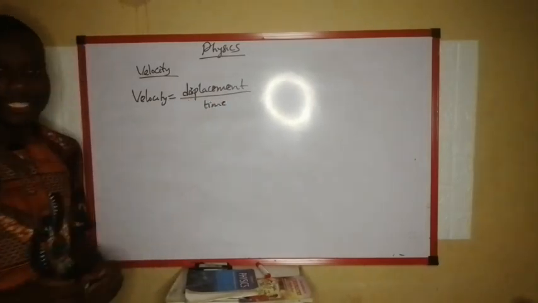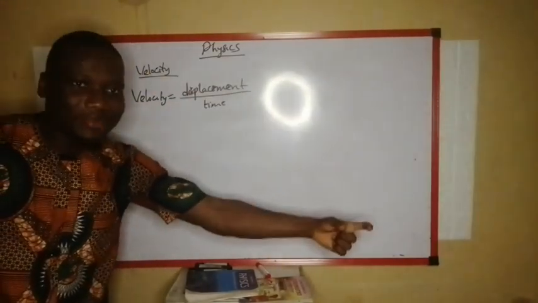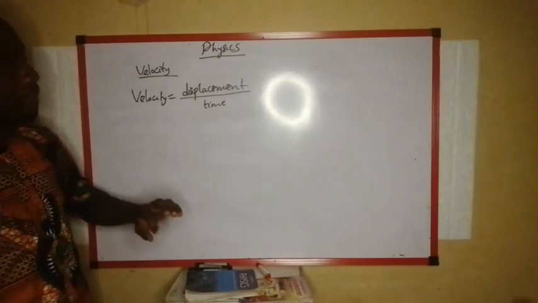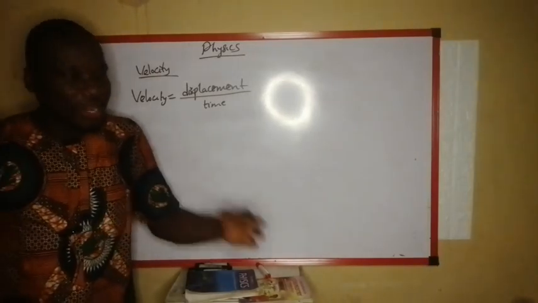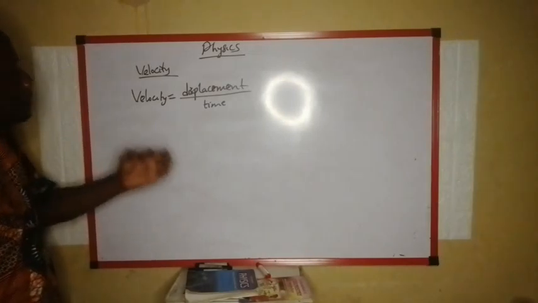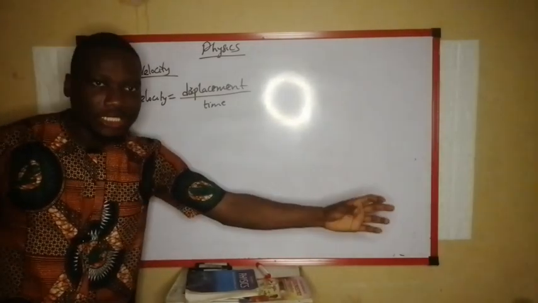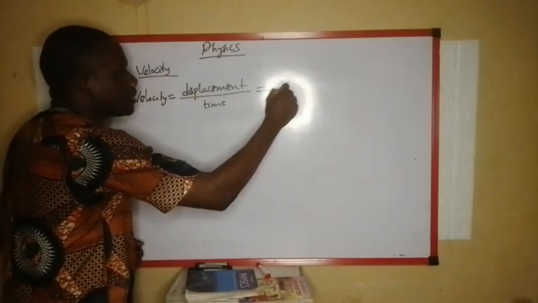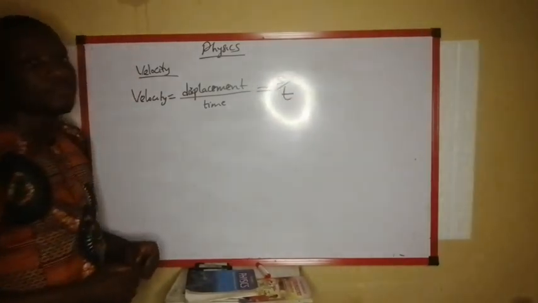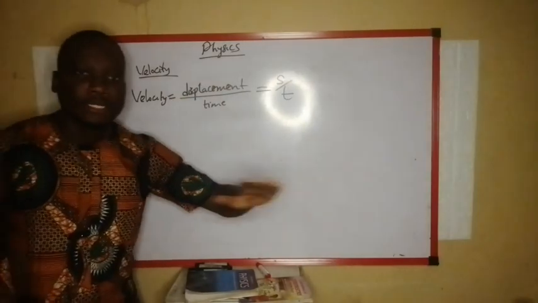There's a difference between distance and displacement. Displacement is a vector quantity, but distance is a scalar quantity. So velocity is equal to displacement over time, and this displacement is represented as s over t.